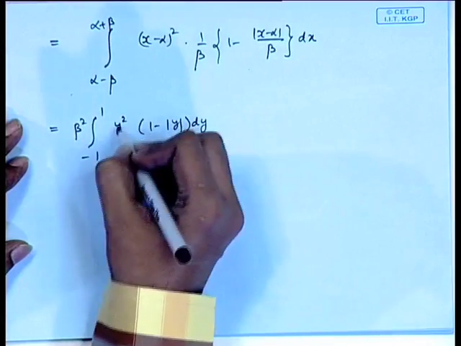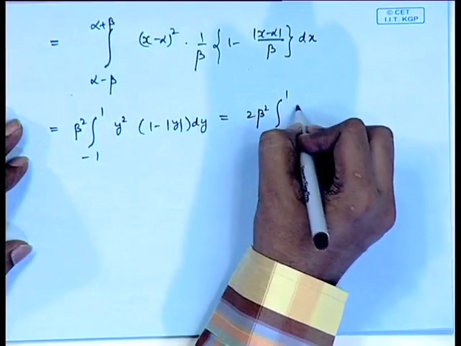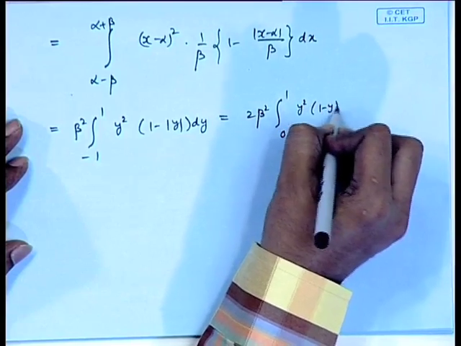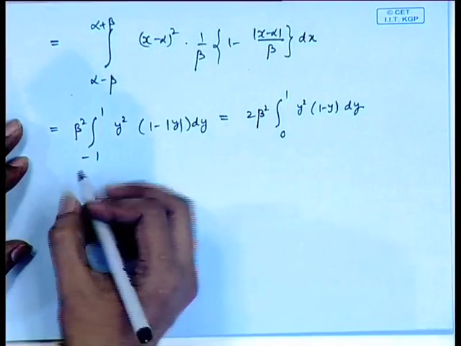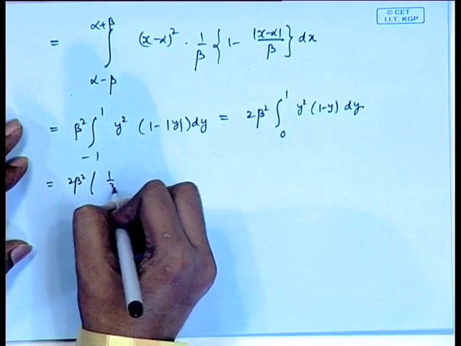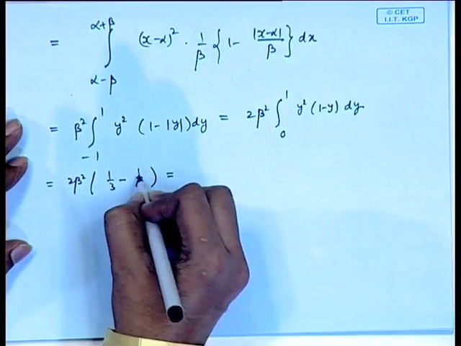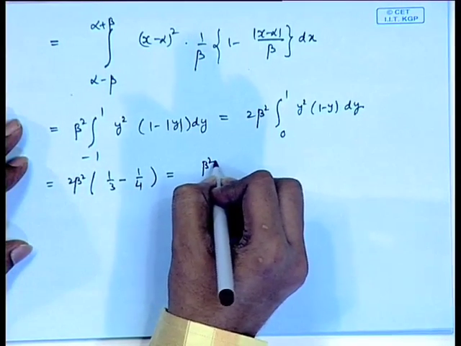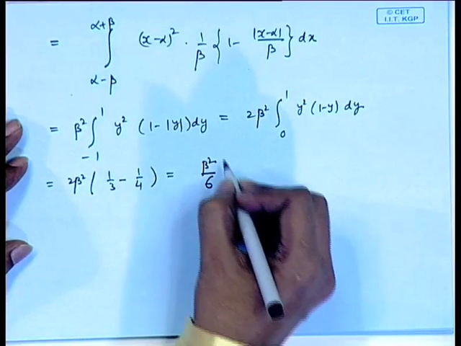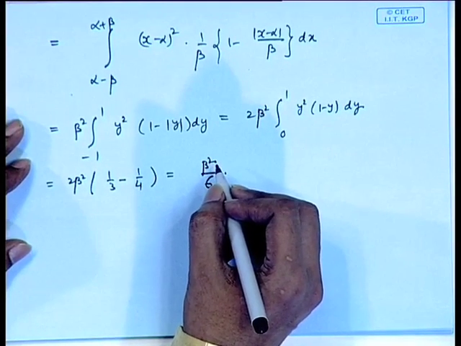As this is an even function, this becomes 2 beta square integral 0 to 1 of y square into 1 minus y dy. So, the integral of this is equal to twice beta square, 1 by 3 minus 1 by 4. That is equal to, after simplification, beta square by 6. So, the variance of this distribution is beta square by 6.